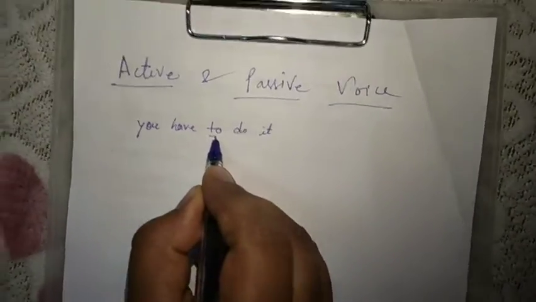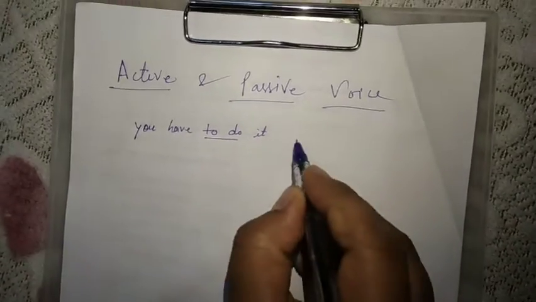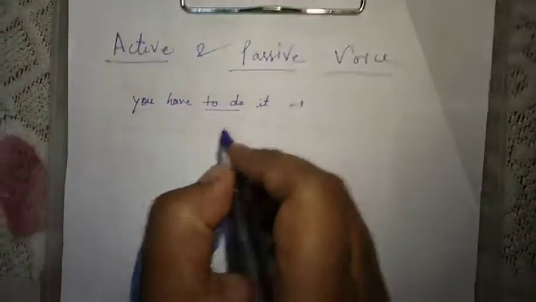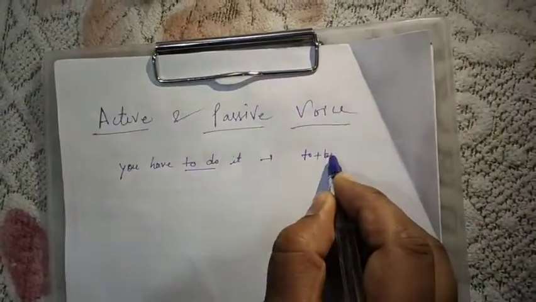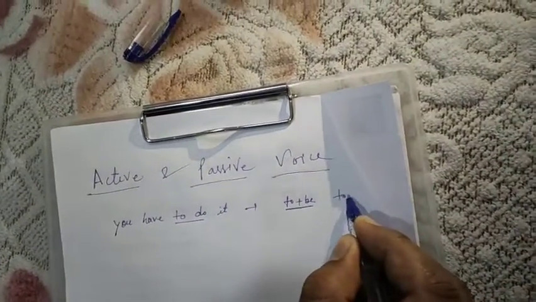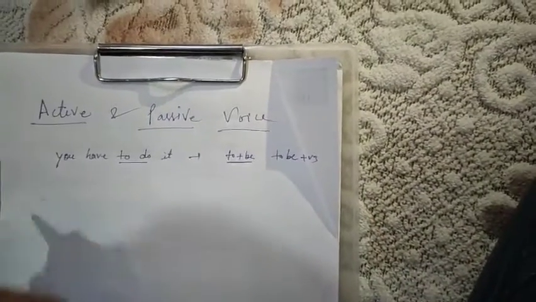When we have an infinitive, to plus first form, in this case "to" is changed into "to be," or simply write to be plus third form.